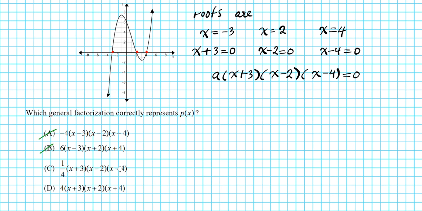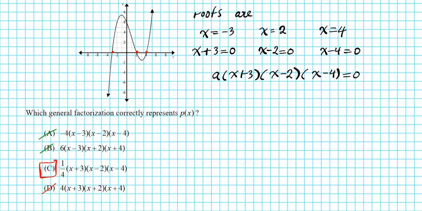So x plus 3, x minus 2, x minus 4. Okay, that looks good. Now let's take a look at option D, x plus 3, x minus. Okay, so we don't even have to use the zero product property here. x plus 3, x minus 2, x minus 4 is the correct answer.